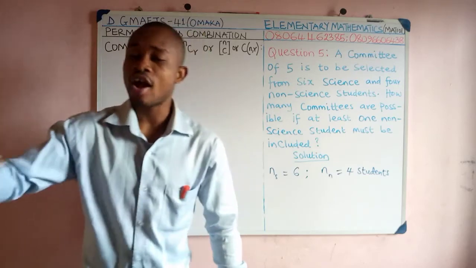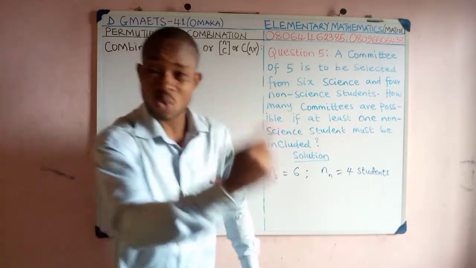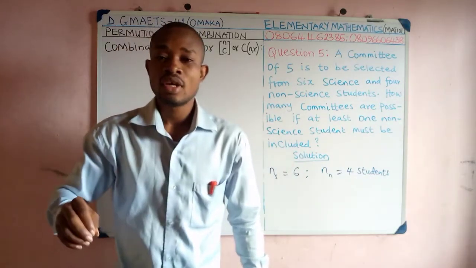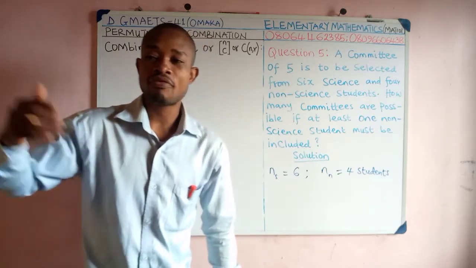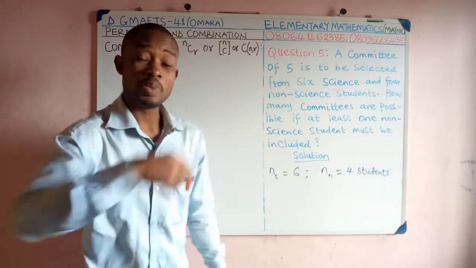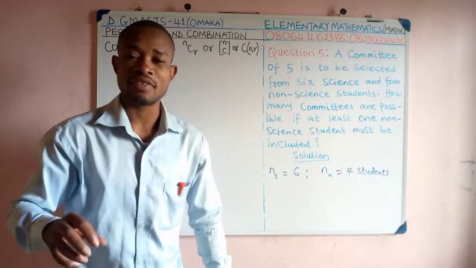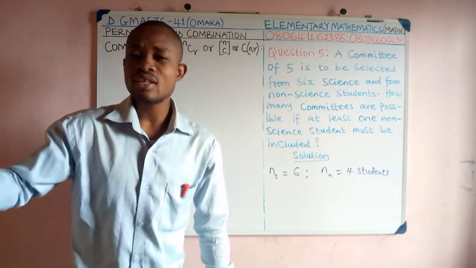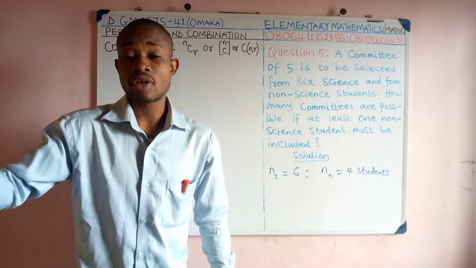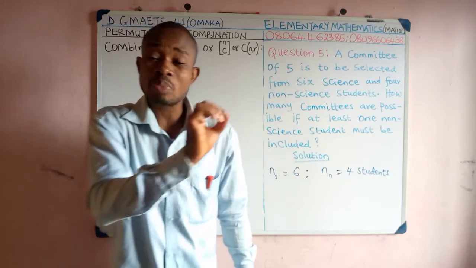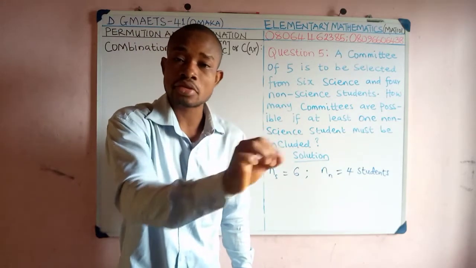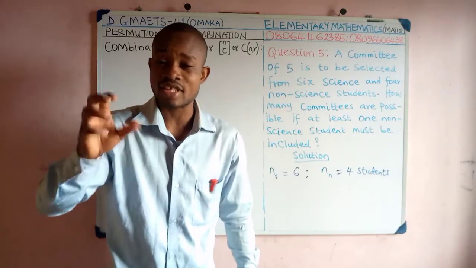Because if you get 4 science students, then you pick one non-science to make it 5. If you have 3 science students, you pick 2 non-science to make it 5. And when you have 2 science students, you have to pick 3 non-science students to make the list 5 at every point in time.